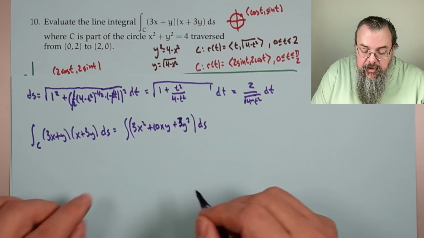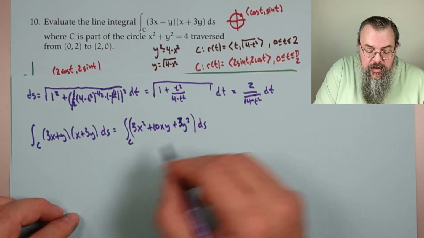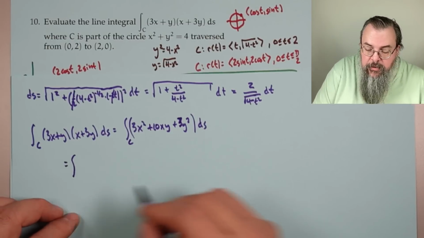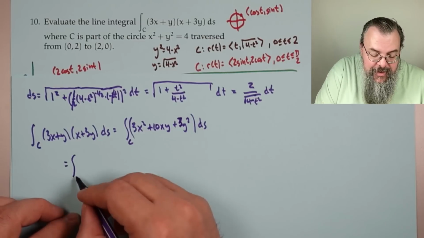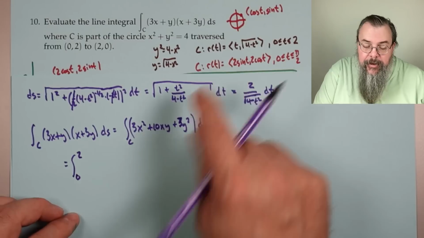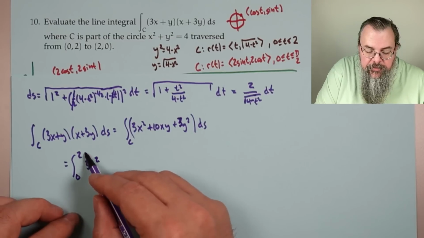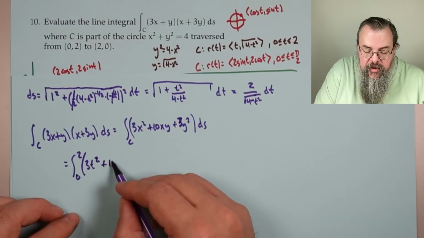And okay, so this will become equal to the following. We're going 0 to 2, and x is t. So we have 3t squared plus 10.